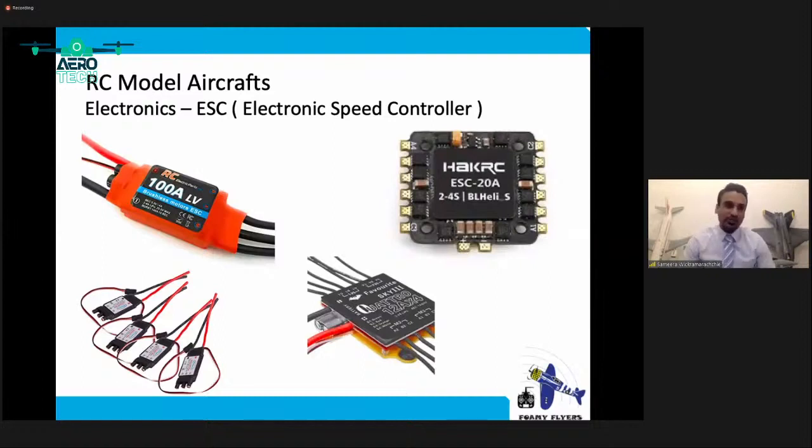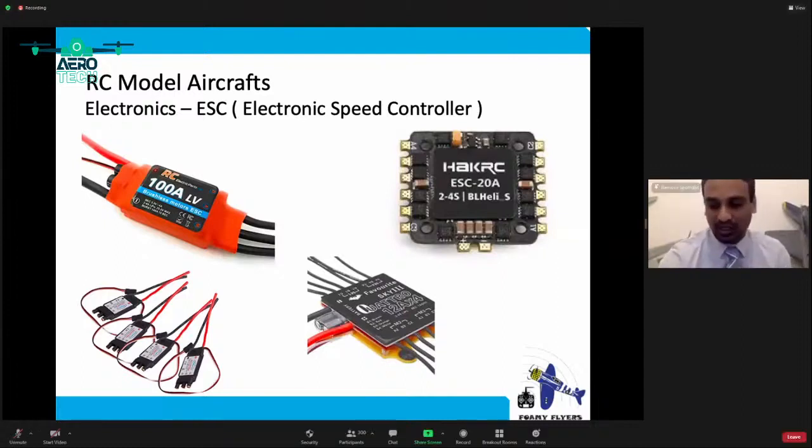You need a speed controller to control the speed of the propeller, so the speed of the motor in a sense. What a speed controller does is get the power from the battery and distribute it to your aircraft as well as to the motor.